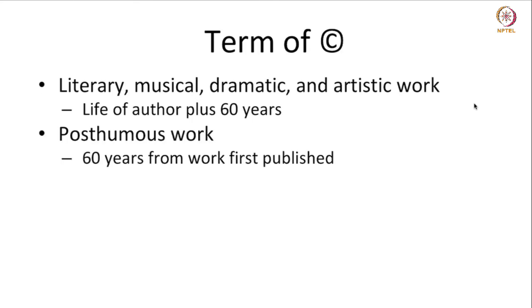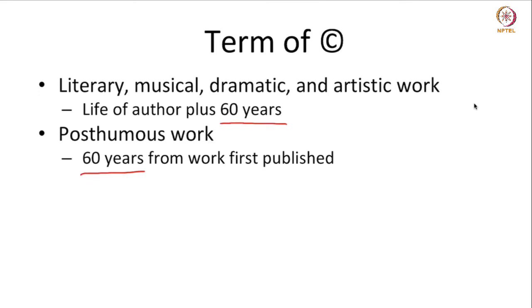For posthumous works published after the death of the author, it is 60 years from the time the work is first published. So these are the two things that we need to bear in mind. One, copyright protection, there is 60 years that comes, but when does the 60 years start?